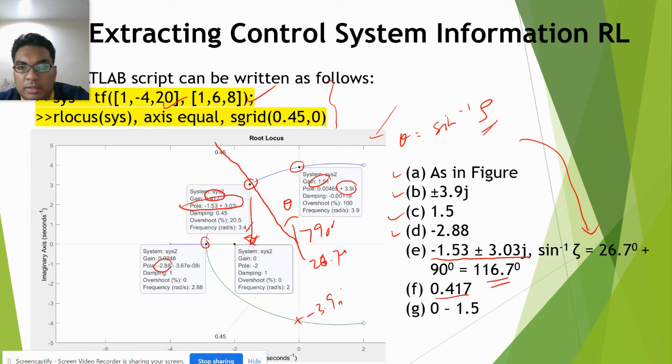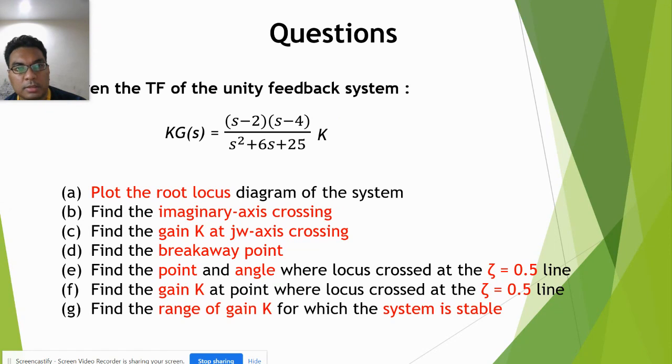And finally, determine the range of stability, where of course K will start from 0 to the maximum point, which is 0.5. So this is how powerful this root locus plot is: you can extract all the important parameters for your system.